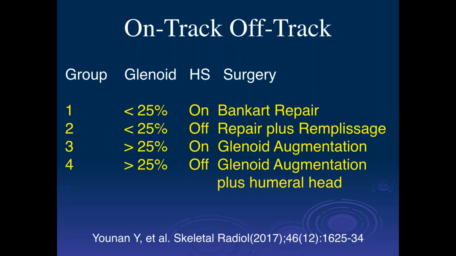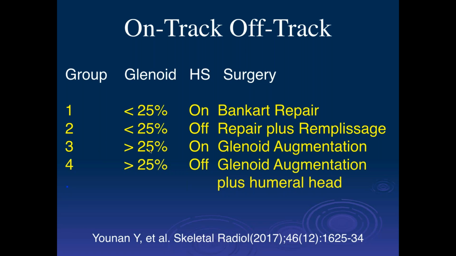Group 2 is where the glenoid lesion is still less than 25%, but you have an off-track lesion, which means that there is engagement of the Hill-Sachs, and here they do a repair plus a remplissage, where again, a remplissage is just where you suture the capsule down to the medial aspect of the Hill-Sachs lesion, which keeps people from being able to move their shoulder into the engagement position. So it limits range of motion.